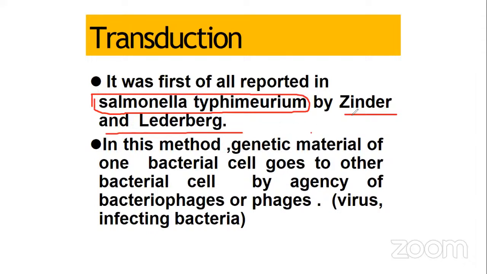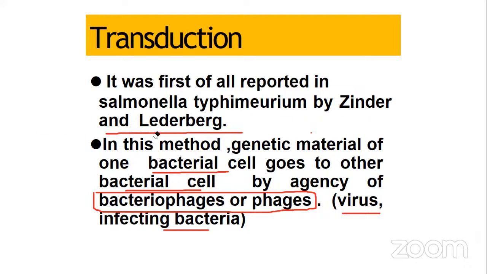Important scientist names: Zinder and Lederberg. Lederberg and Tatum: conjugation. Zinder and Lederberg: transduction. In this method, the genetic material of one bacterial cell goes to another bacterial cell by the agency of a bacteriophage. This is important: by bacteriophage. A bacteriophage means a virus infecting bacteria.